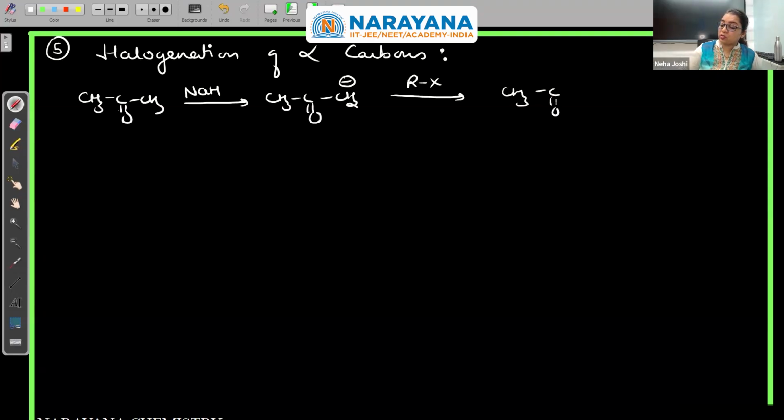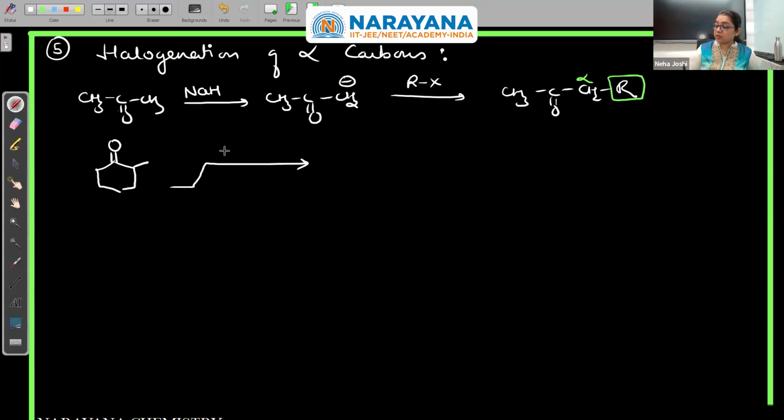So I can have CH3CO, CH2R. So this alkyl group I have introduced at the alpha position. Very good. But if there is a substitution like this, then, as the tautomerism is entirely reversible, if I take a bulky base, the bulky base will fail to attack this hydrogen.